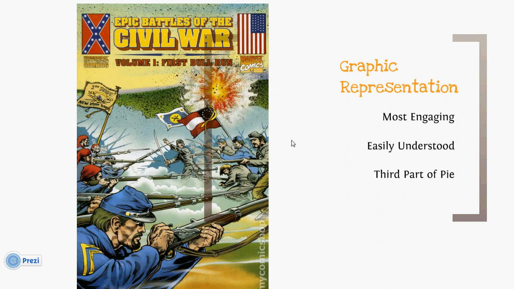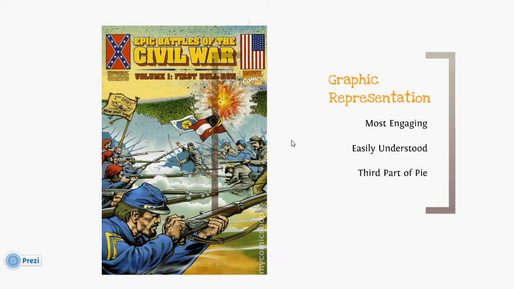But I do think it is definitely very good for beginner readers because you can go through the comic book, and even if you can't understand the text, you can piece together what's happening. I mean, you can look at this cover, and without even knowing that the Union wore blue and that the Confederates wore gray, you would obviously be able to tell there's some sort of conflict going on, and you would be able to piece together details from that. So I think that that's very handy.